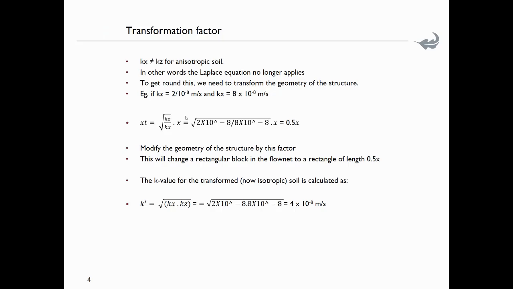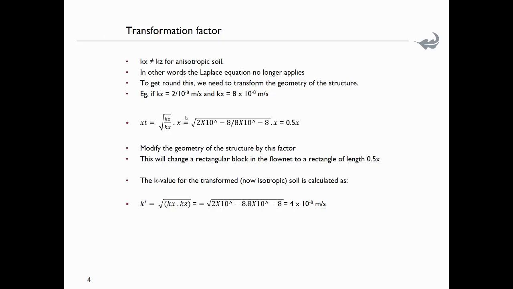So if Kz is 2 times 10 to the minus 8, sorry, that shouldn't be 2 divided by 10, it's 2 times 10 to the minus 8, and Kx is 8 times 10 to the minus 8 meters per second. We have a factor xt, which is the square root of Kz over Kx times x. Substitute the values, and we now get a value of 0.5x. So the transformation factor xt equals 0.5x.